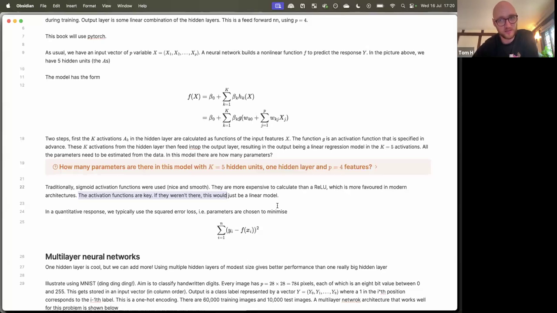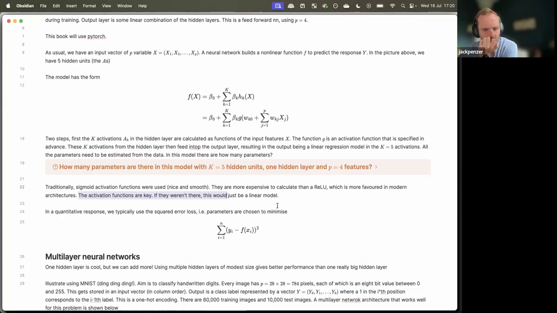No, I'm just going to say, with sigmoid versus ReLU, you've got the computational cost, but you've also got that a sigmoid can take negative values and put them into the 0 to 1 space.